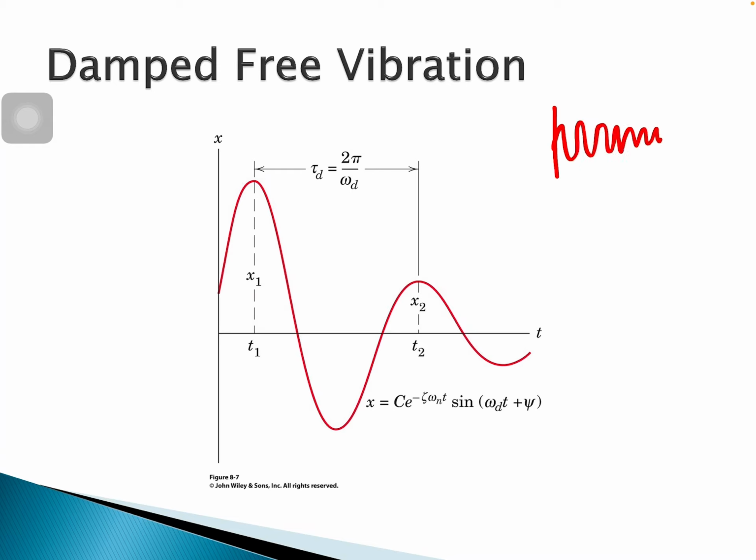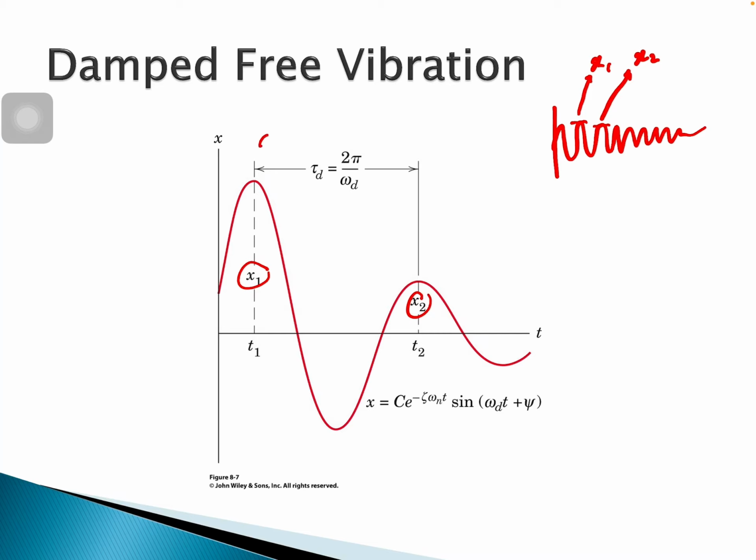We can get the first peak, and we can find the second peak. We measure the displacement. For example, this displacement is x1 and the second one is x2, similar to this one, x1, x2.